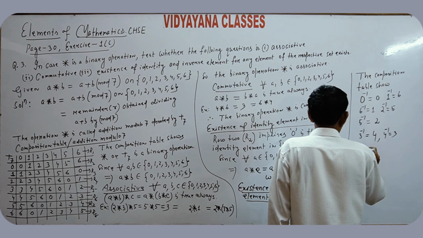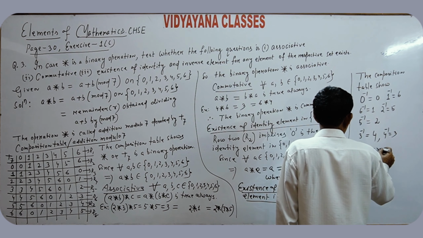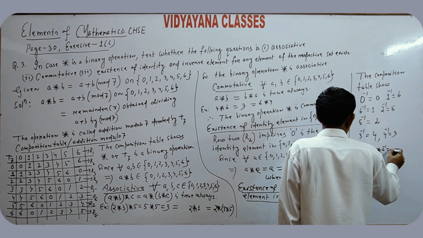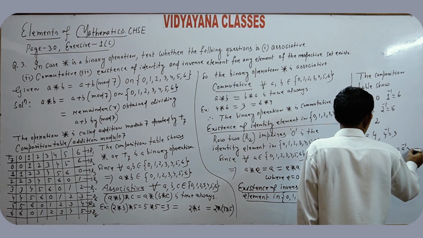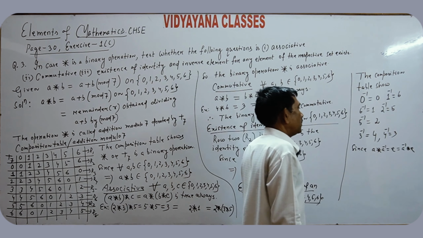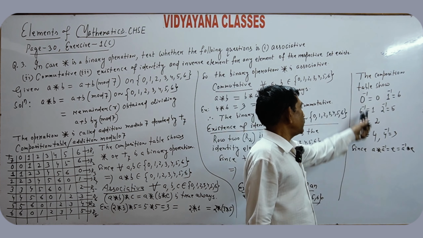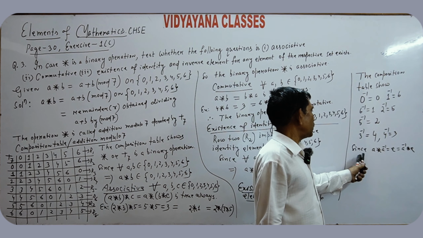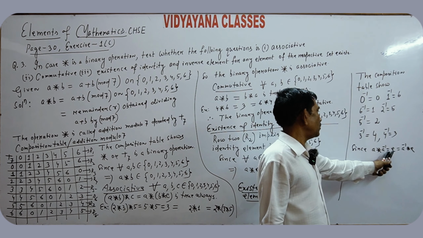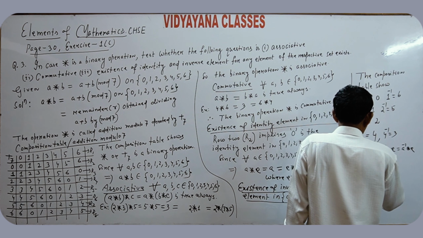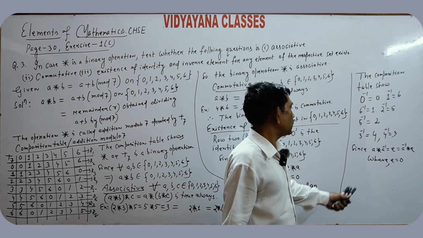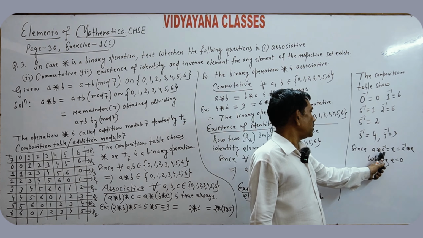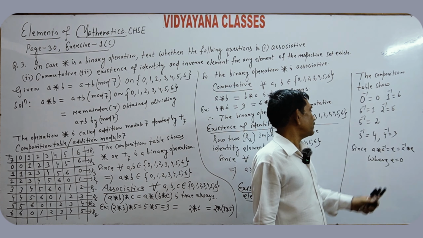Since A star A inverse is equal to E, the above results imply A star A inverse is equal to E, where E is equal to 0. That means 0 plus 0, inverse of 0 is 0.